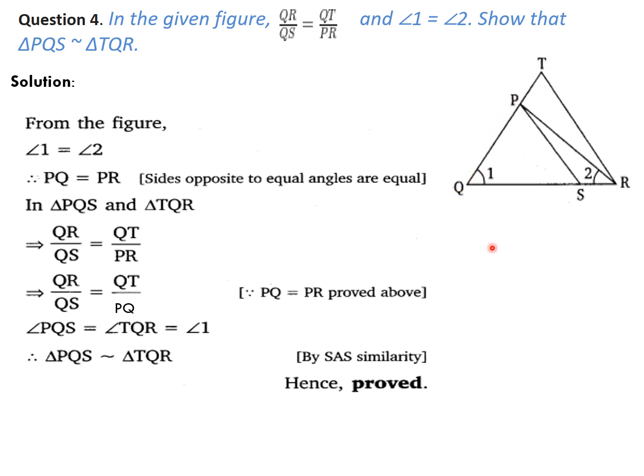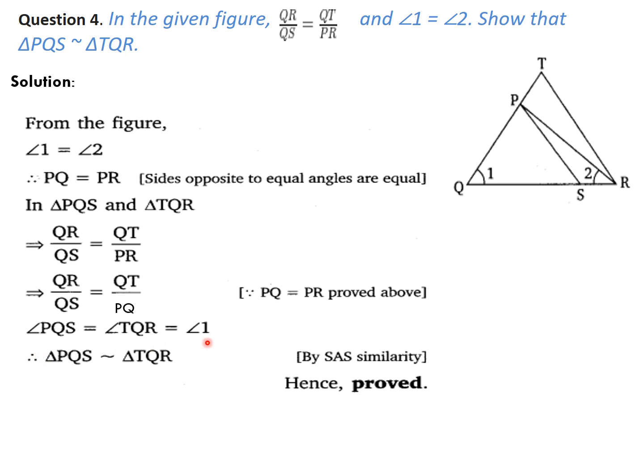So we can see the corresponding sides are in ratio and the angle between them is angle 1. So for PQ and QS, the angle between them is angle 1. For the other triangle, for the sides TQ and RQ, the angle between them is also angle 1. So since both of them are angle 1, the two sides are in proportion and the angles between them are equal.